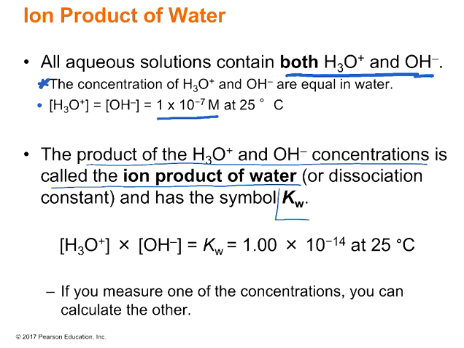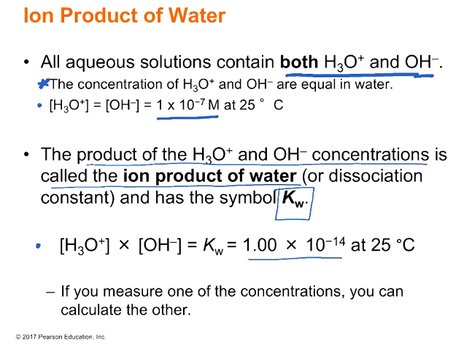And the symbol for this constant is Kw. So if we do multiply those two concentrations together, we'll end up with a value of 1 times 10 to the negative 14th, at 25 degrees Celsius.